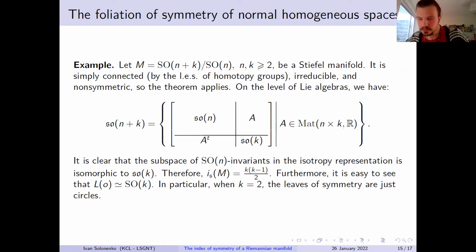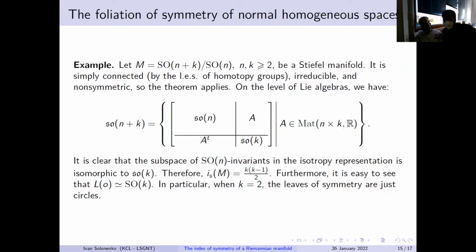Yeah, but here it's irreducible with respect to the holonomy representation, but with respect to the isotropy representation, it is not. And it looks like the second factor, the factor where the isotropy is trivial, the SOK factor, is the one that matters in order to compute the index.